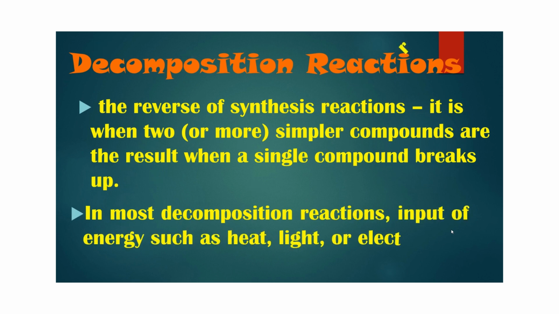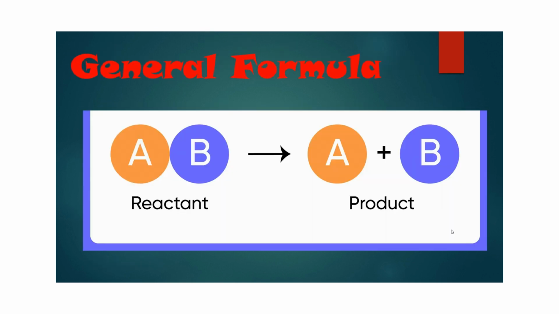In most decomposition reactions, input of energy such as heat, light, or electricity is required. The general formula is: the compound AB, which is your reactant, will decompose into the elements A and B.